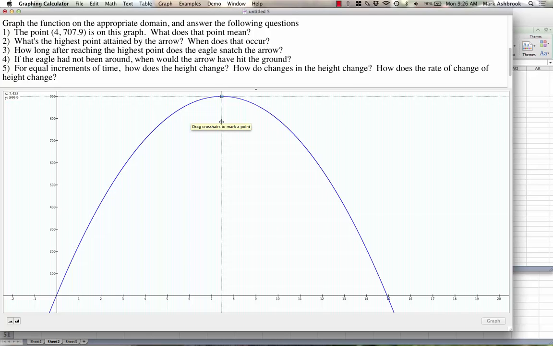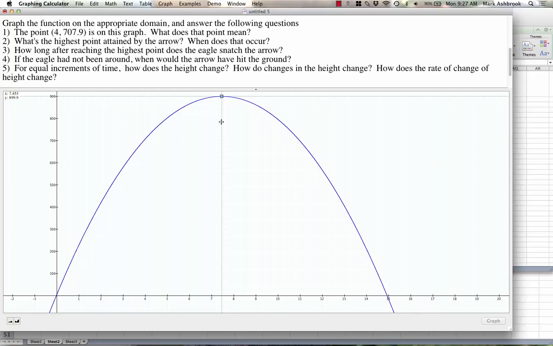I'm showing 899.9. So is that what you guys are getting? 899.9, or just below 900 feet is the highest point. Okay, so make sure you know how to operate your calculator and get a maximum point. If you need help with that, office hours, or send me an email, or talk to a friend. But you got to know how to get maximums and different things.